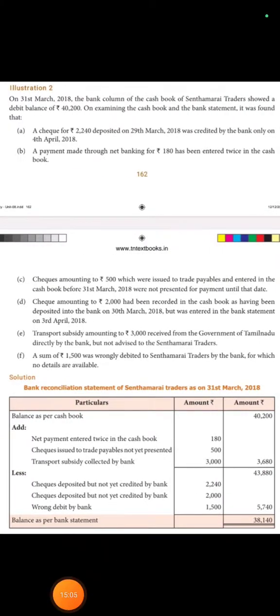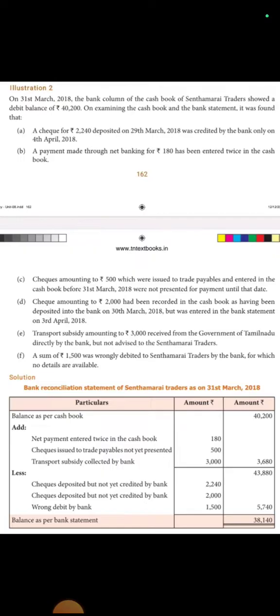So now we have to find the balancing figure. The total added amount is rupees 3680. So we have to add 3680 with the 40,200. What we get? We got 43,880. And the less column total is 5,740.